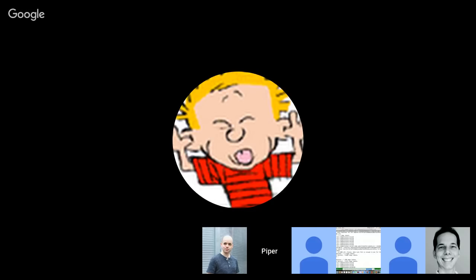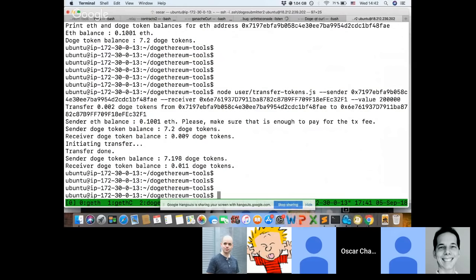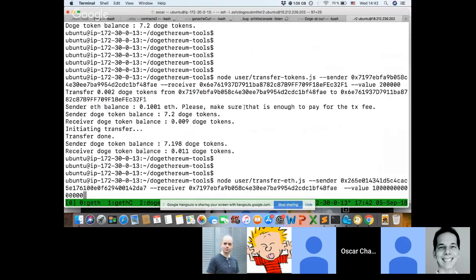So I was saying that I will go to the last part of the demo where I'm going to send tokens back to Dogecoin. To do that, I'm going to use the unlock command that is also part of the Doge Ethereum tools here.